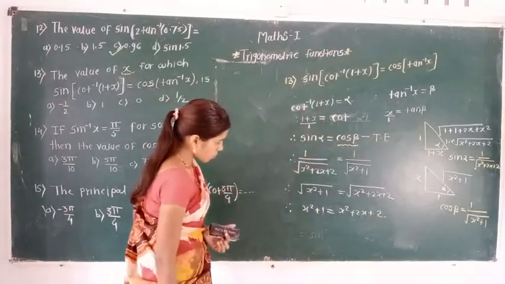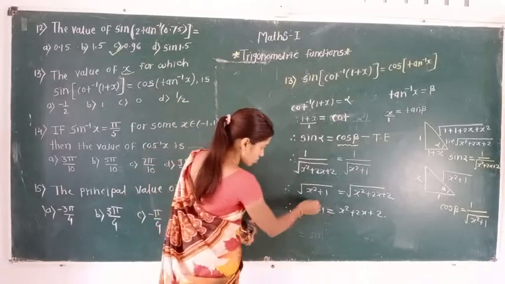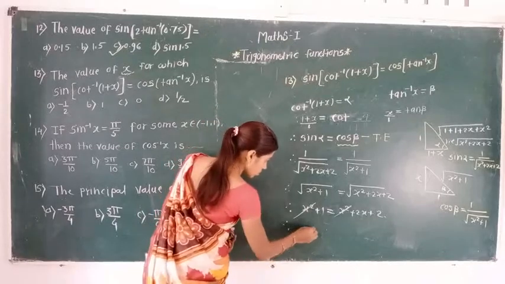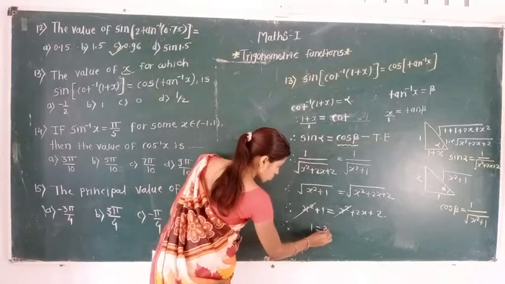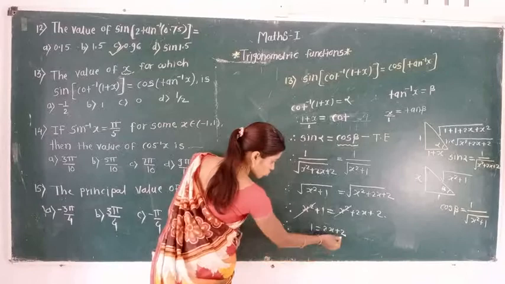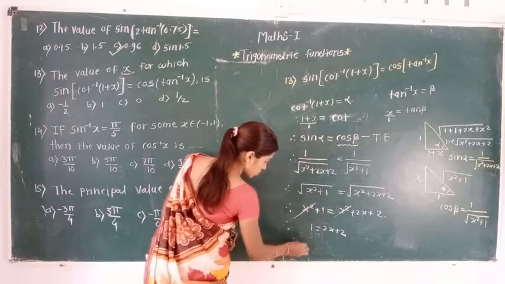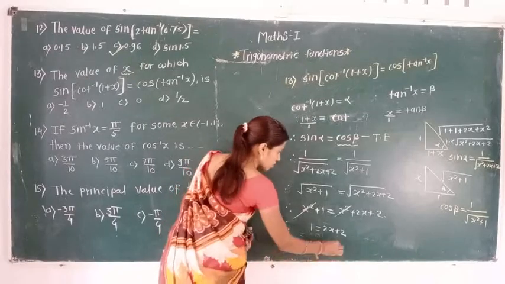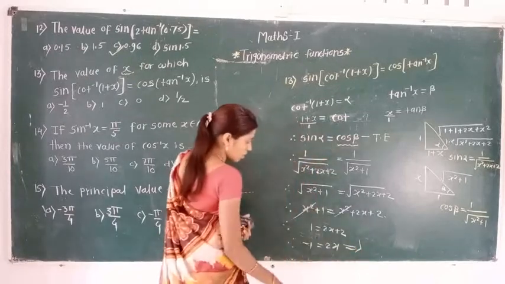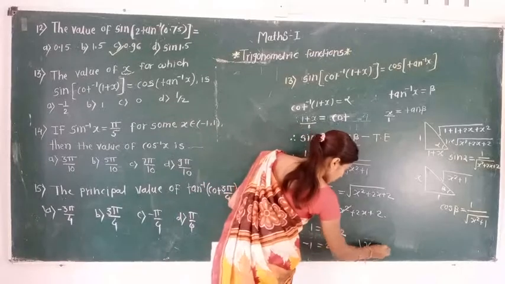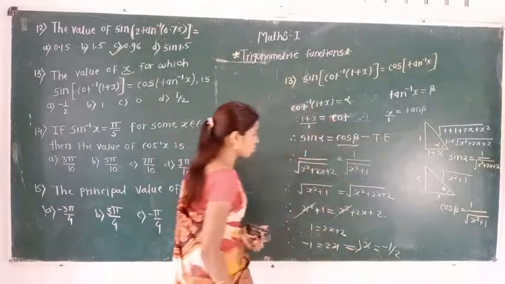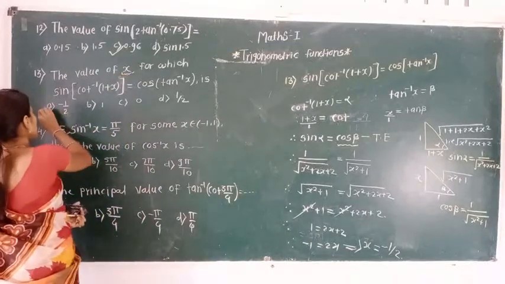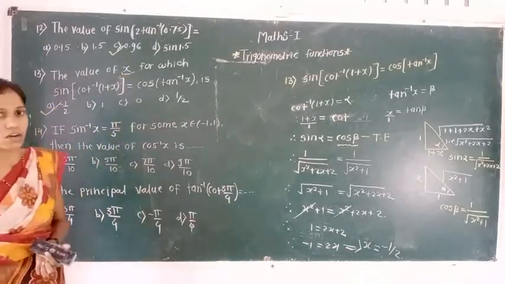Okay, in that case x square term will get cancelled. We can write 1 is equal to 2x plus 2. So transferring 2 to the left hand side, we get 1 minus 2, which is minus 1, equal to 2x. Therefore we get the value of x is minus half. So A is the correct answer.